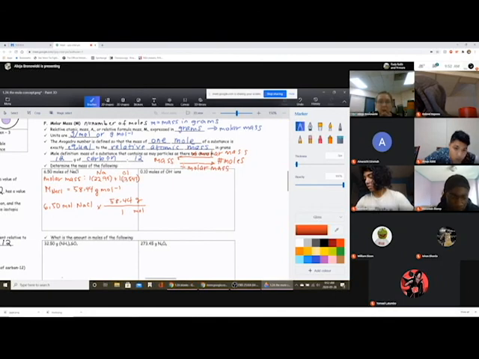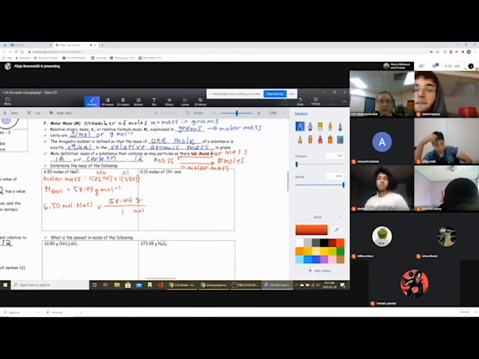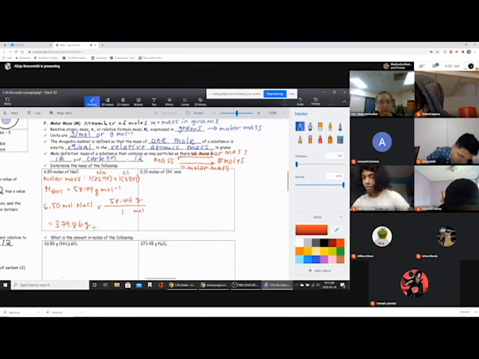So I'm multiplying, or you can use your mole bridge. If I'm going from the number of moles to mass, I times by molar mass. So that's equal to 379.86 grams. But based on my significant figures, I need to have 3 sig figs, so that's 380 grams.